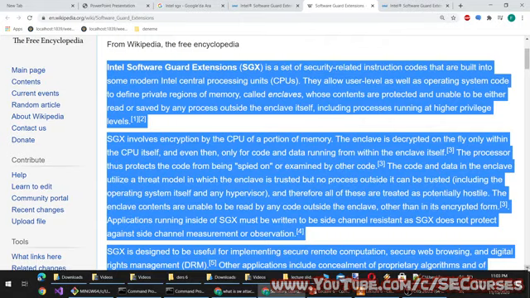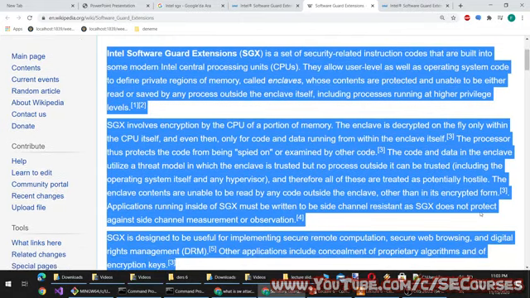Intel Software Guard Extensions (SGX) is a set of security-related instruction codes that are built into some modern Intel Central Processing Units (CPUs). They allow user-level as well as operating system code to define private regions of memory, called enclaves, whose contents are protected and unable to be either read or saved by any process outside the enclave itself, including processes running at higher privilege levels.